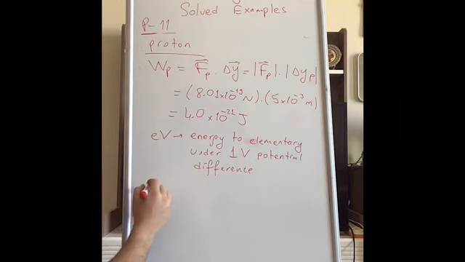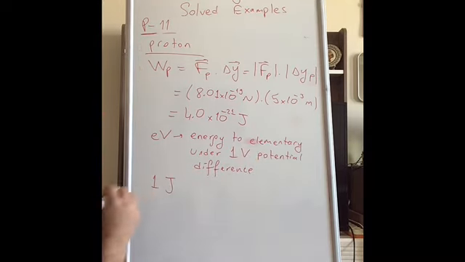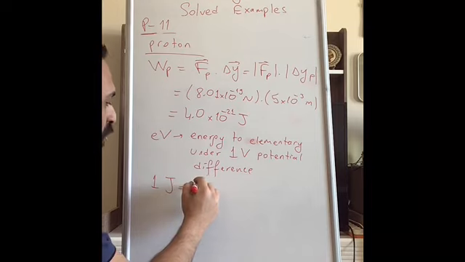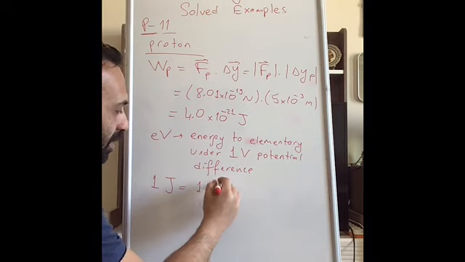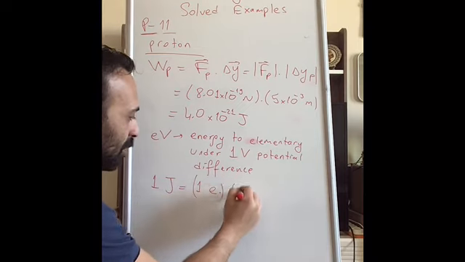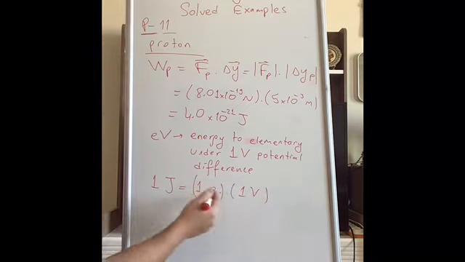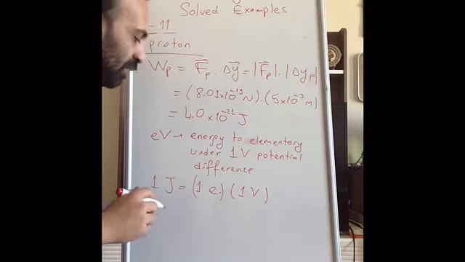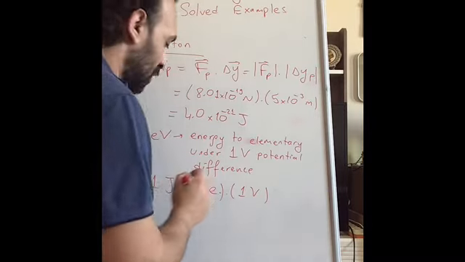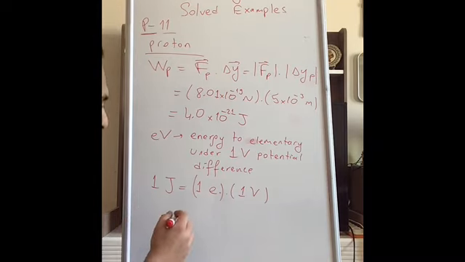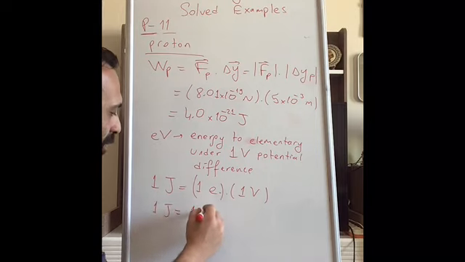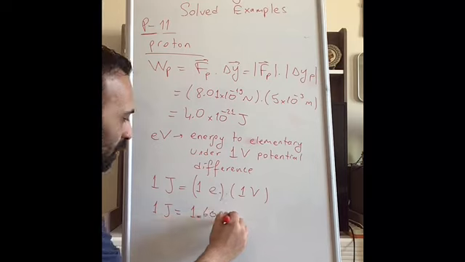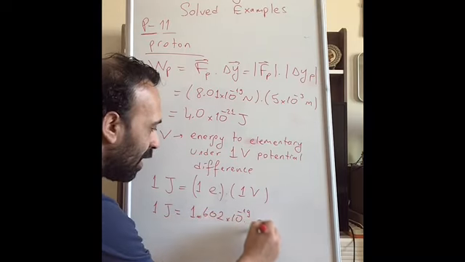So actually, like 1 joule, we can write 1 electron volt as 1 times elementary charge, all right, times 1 volt. And if we plug this elementary charge into it, we are going to find that 1 joule will be equal to 1 over 1.602 times 10 to minus 19 electron volt.